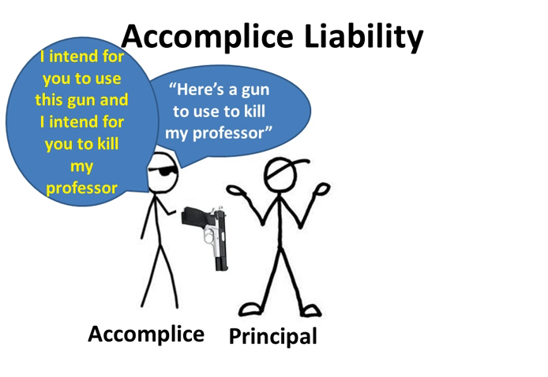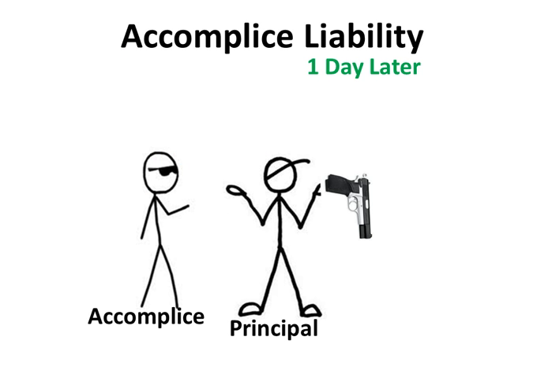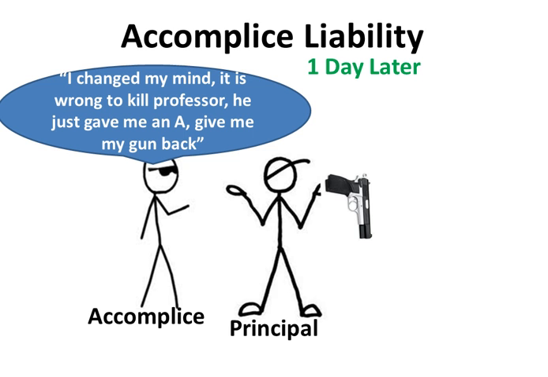Now, back to our hapless accomplice and principal here. We see they have the requisite intent. We see the accomplice says, here's a gun to use to kill the professor. The principal takes the gun, but one day later, the accomplice shows up. "I've changed my mind. It is wrong to kill the professor. He just gave me an A. Give me my gun back." Okay.